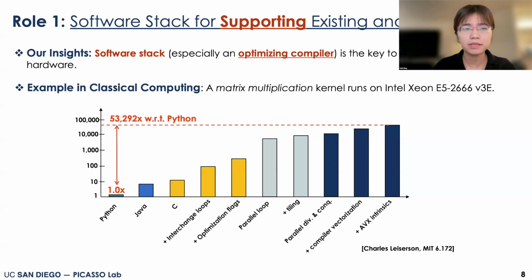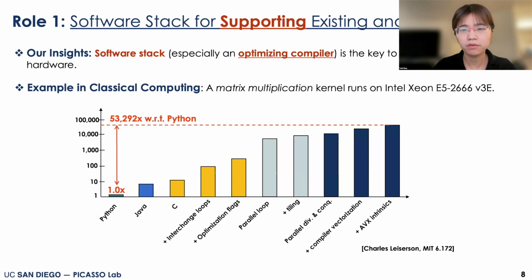My insight is that as our hardware gets more and more complicated, we also need a very complicated, smart, intelligent software stack to fully harness the power of the hardware. Here I give an example in classical computing, matrix multiplication, which is a really simple computation kernel.